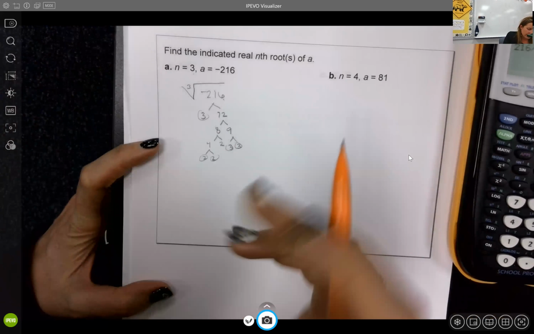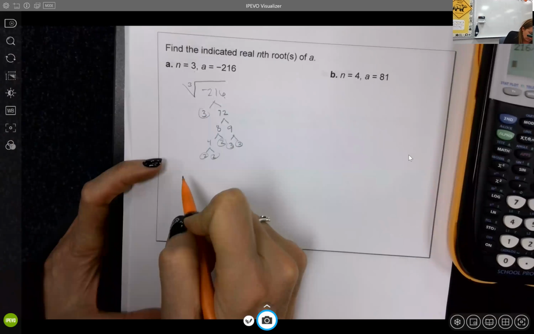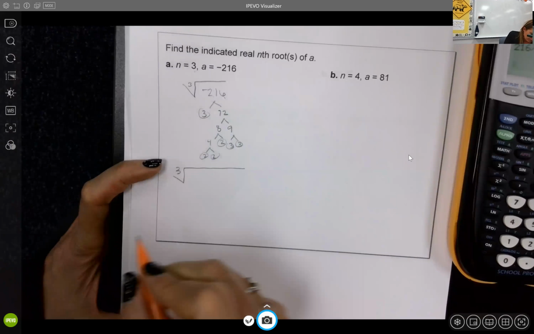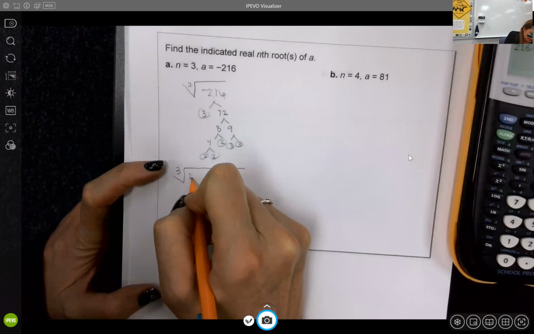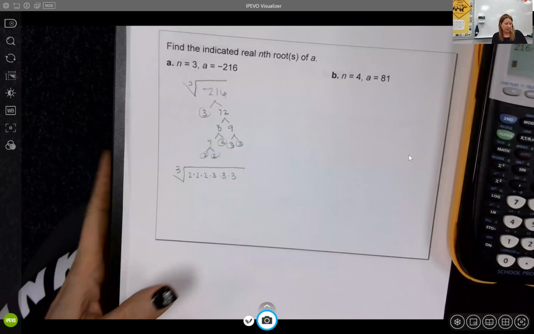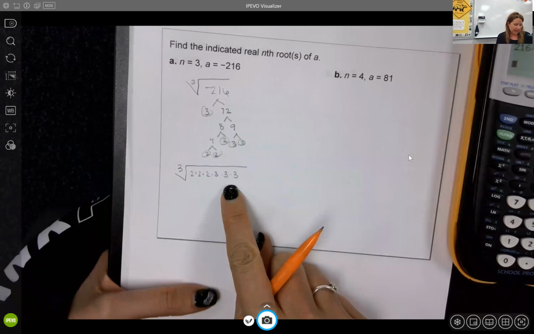So what we want to do is kind of make sure we know which ones are which. And I'm going to put a 3 in here, okay? So if I do 2 times 2 times 2 times 3 times 3 times 3, that is the same thing as 216, okay? So these guys are in jail.